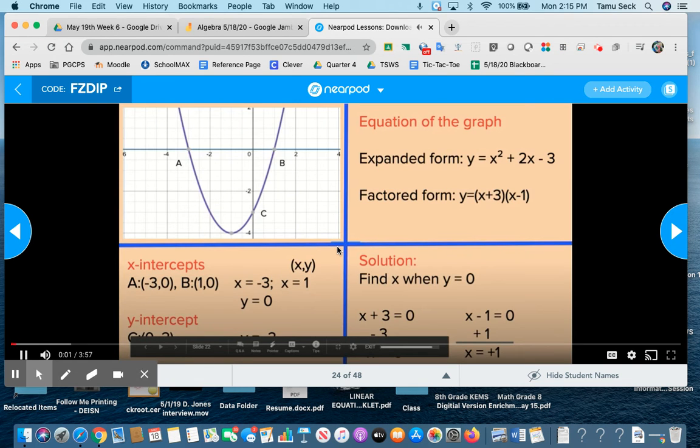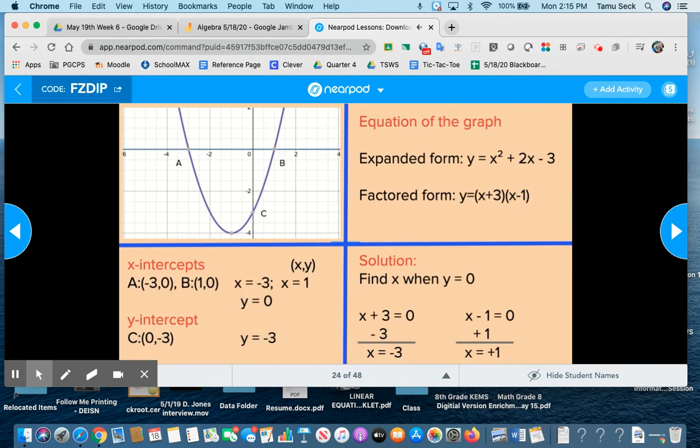What does it mean to solve a quadratic equation? Well, I'm going to connect a quadratic equation to the graph. If you look at this graph here, you'll see that it is a parabola, P-A-R-A-B-O-L-A, and it intersects the x-axis and the y-axis.